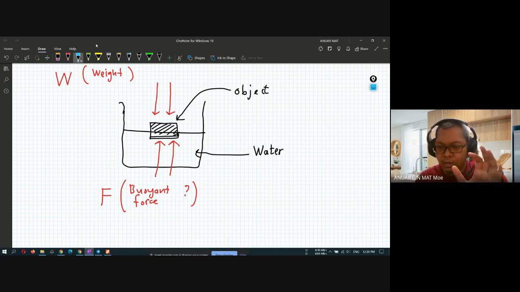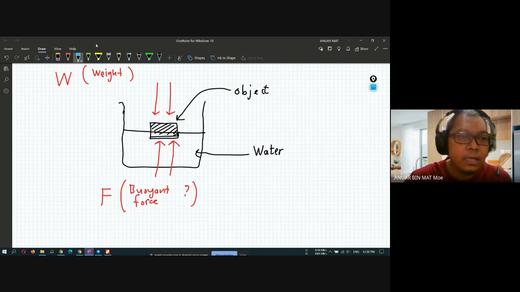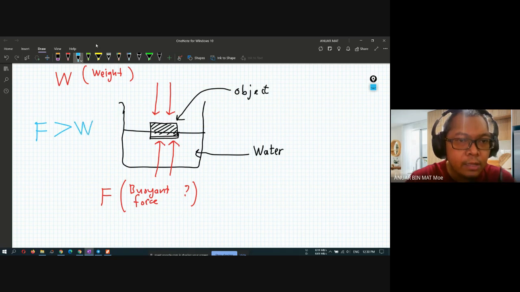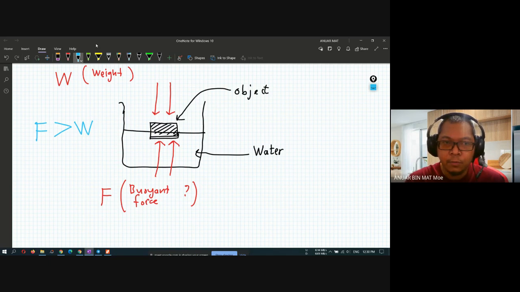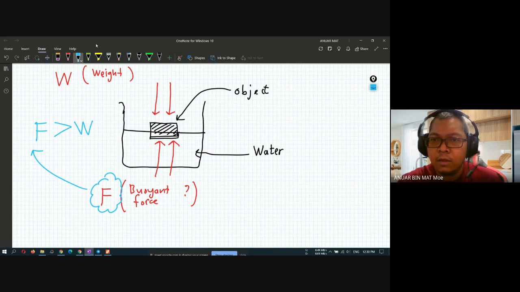If the buoyant force F is more than the weight, the object will float.